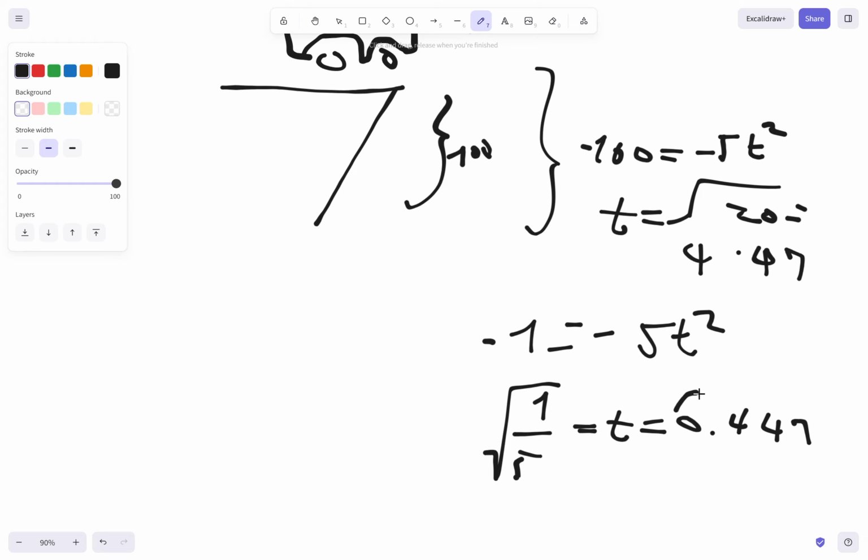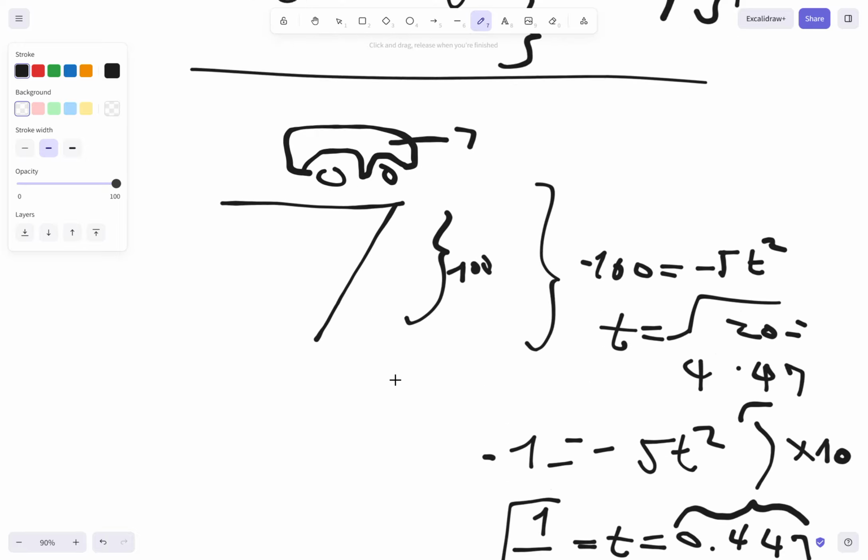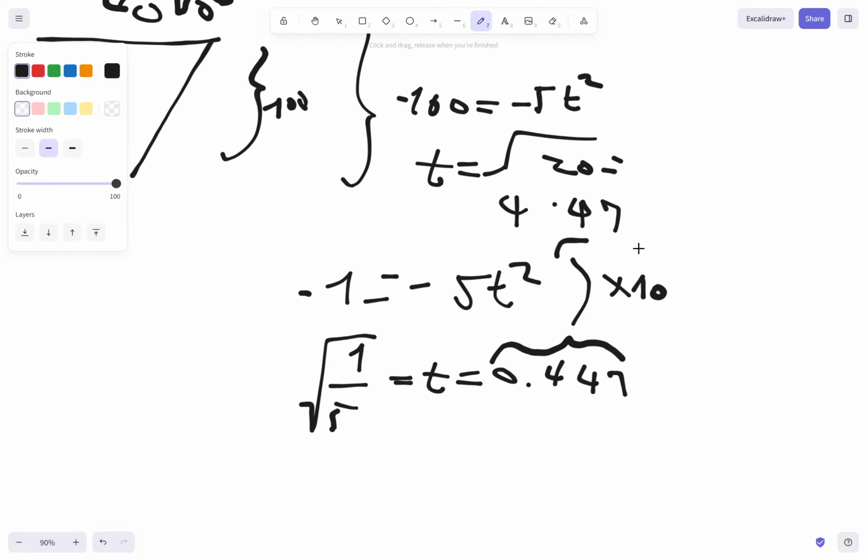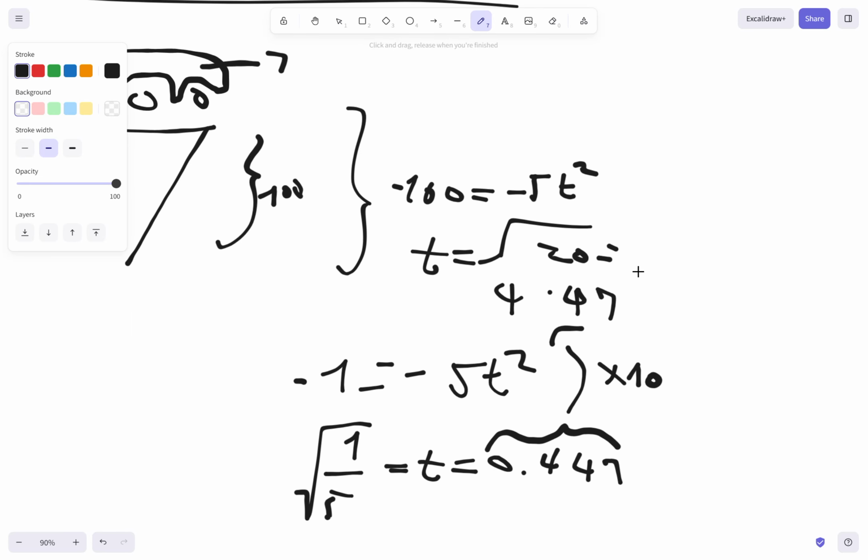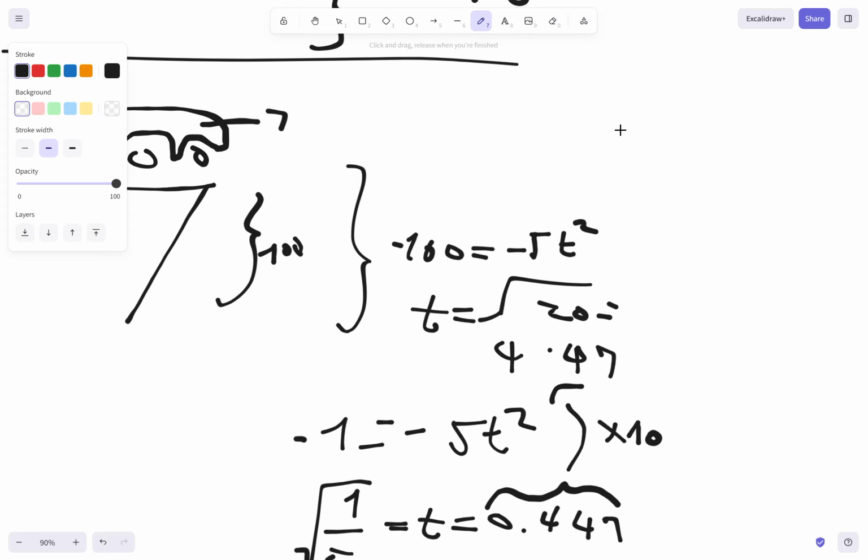To go from the fake cliff to the real cliff, we need to multiply by exactly 10. The decimals are exactly the same. That means we need to slow it down, because if it went even faster, this value would be even lower. If we slow it down, this value goes higher.